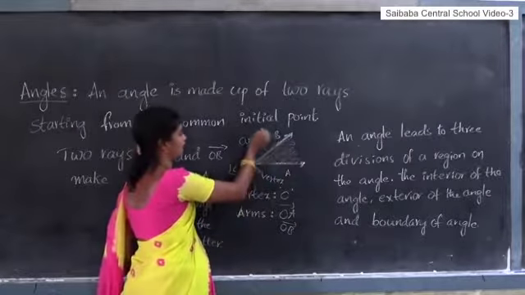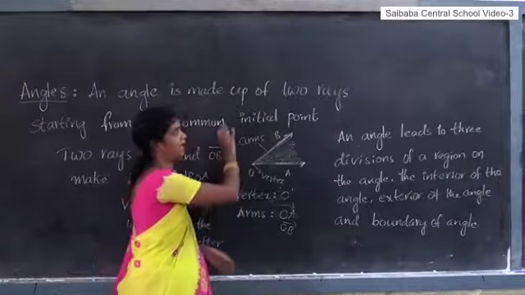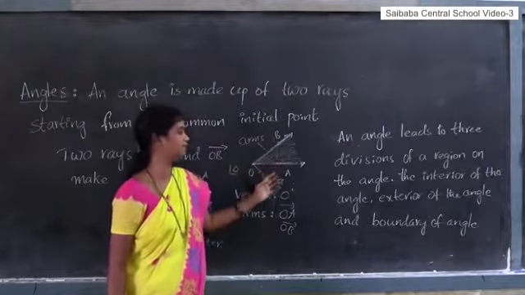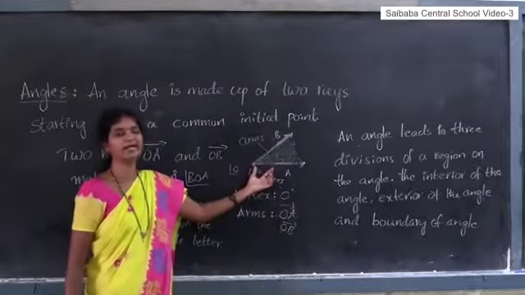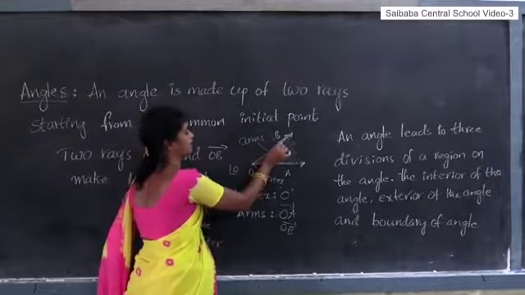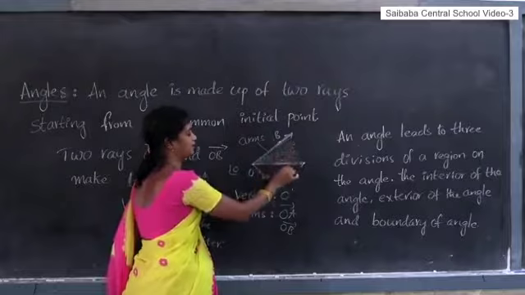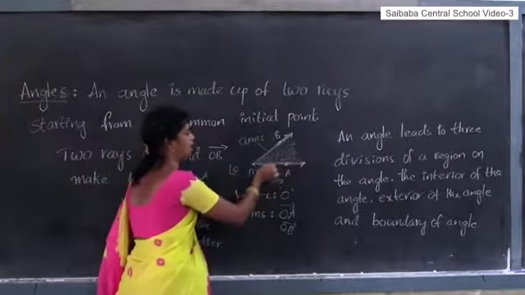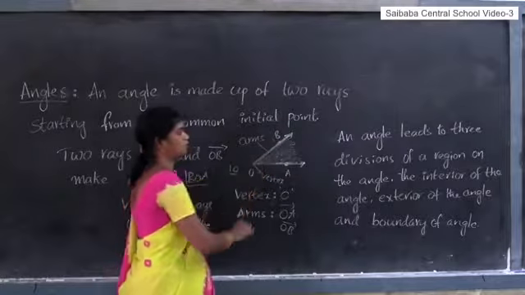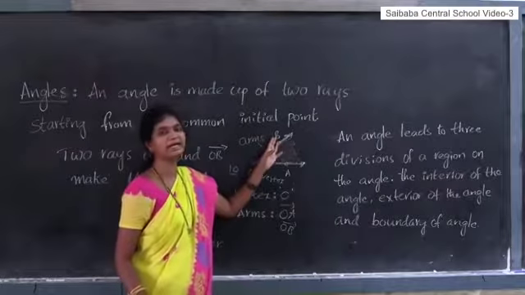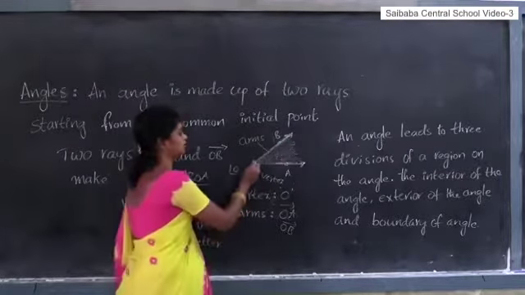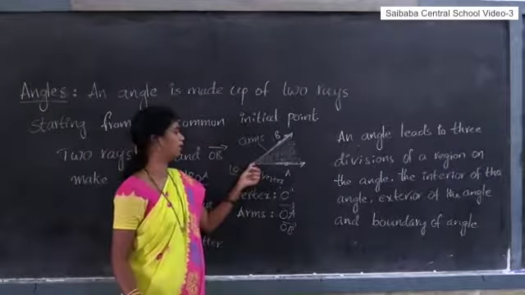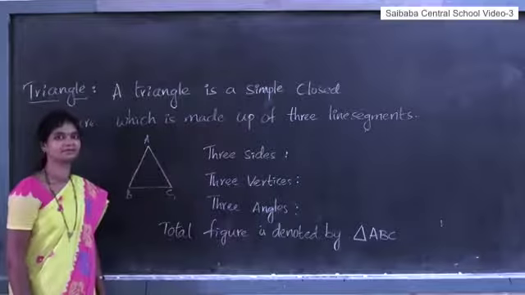And here the outer face, this entire board, is called the exterior of the angle. And the boundary of the angle: if you take this point B and this point A, those are lying on the angle, so we will call them boundary points. So this vertex O also we can call a boundary point.